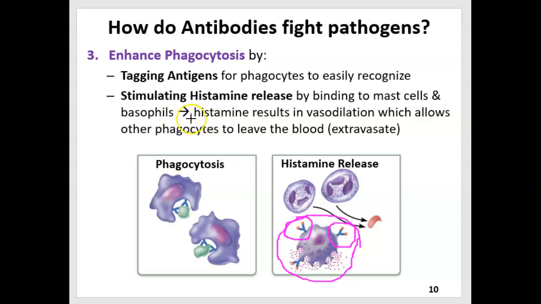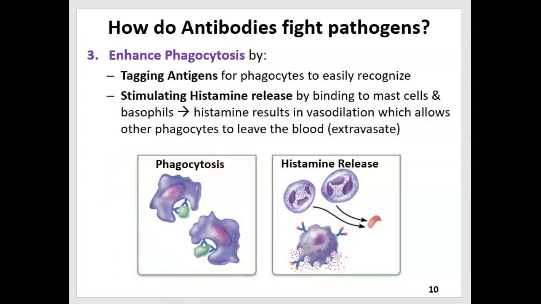Degranulation just means that these mast cells or basophils, same thing, release histamine. And that histamine causes blood vessels to dilate. And when the blood vessels dilate, now all these other phagocytes that I just named, neutrophils, macrophages, eosinophils in some cases, can perform phagocytosis because they're going to be able to get out of the blood and go to the site of infection.